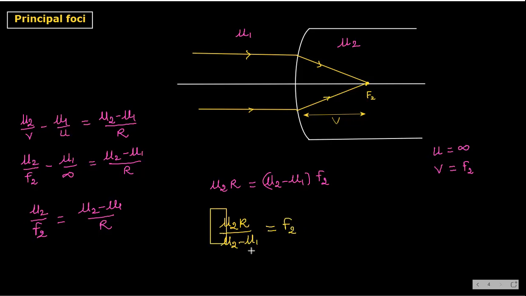Okay, right, we got the F2 value, and let's call this equation number 1. Understood? Any doubt here? Clear?